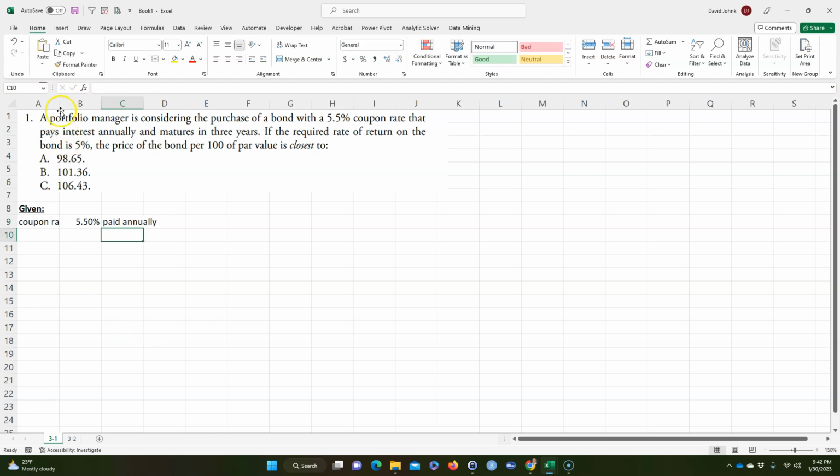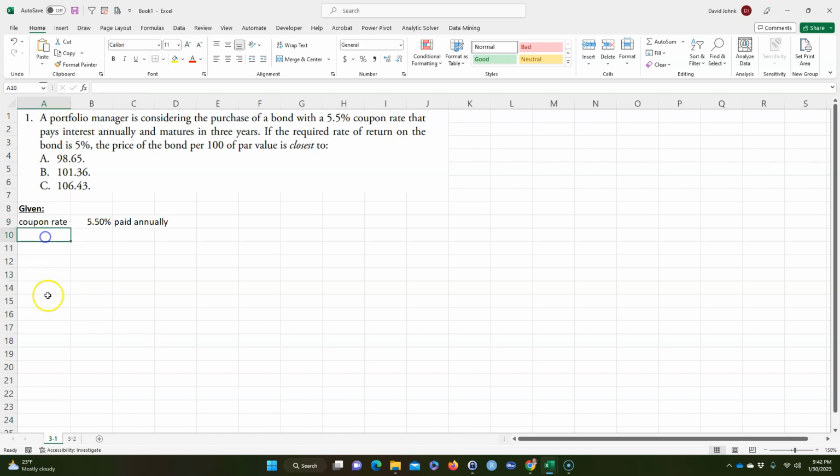So only one coupon payment a year, and the required rate of return R is 5%, and the price of the bond per 100. We could say the face value is $100. That's what they're saying here, per $100 face value, and we want to find.